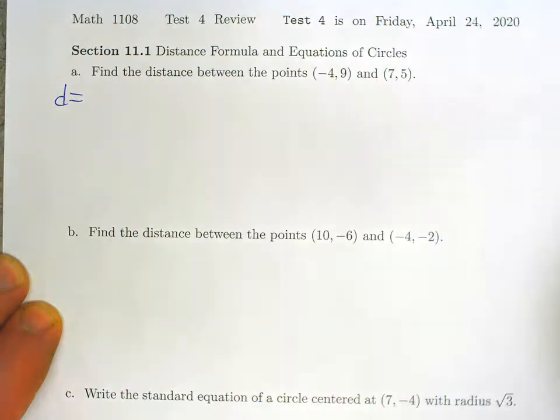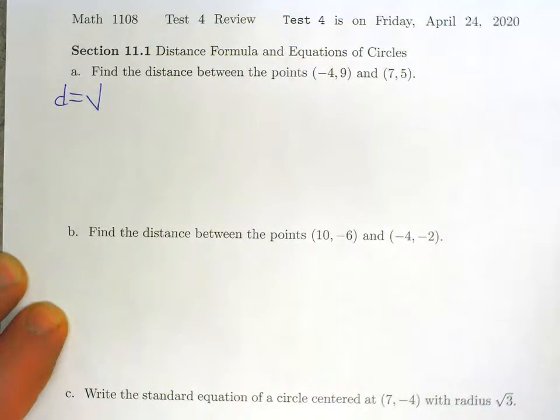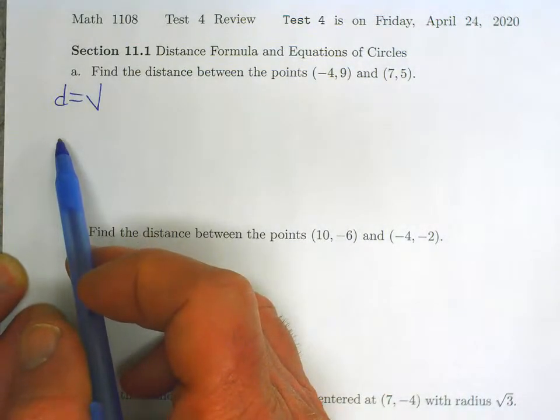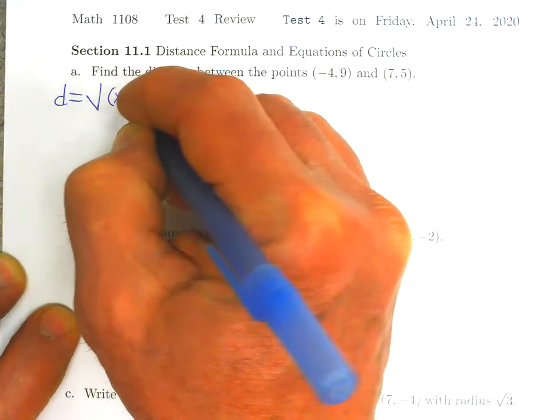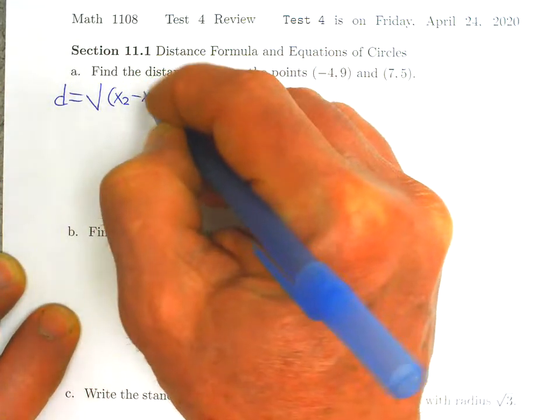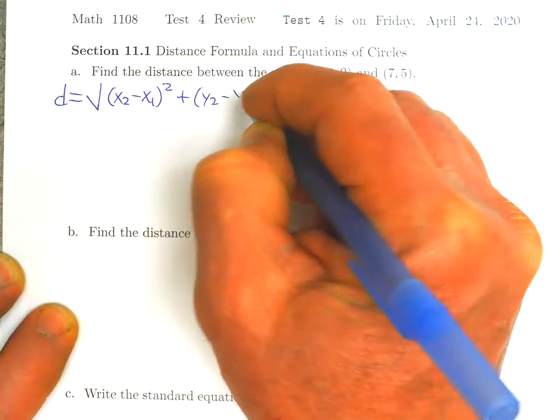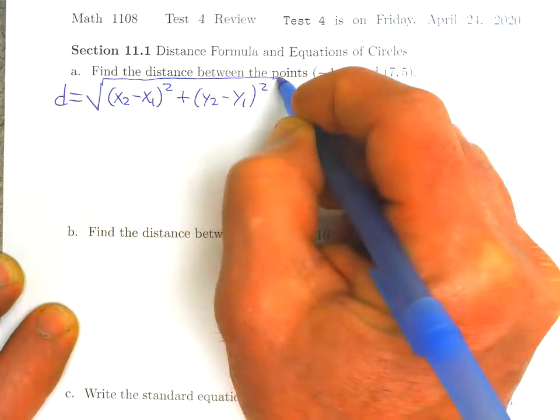The distance formula is derived by using the Pythagorean theorem. So the distance between the points (x1, y1) and (x2, y2) is the square root of the quantity x2 minus x1 squared plus the quantity y2 minus y1 squared, square root of that.